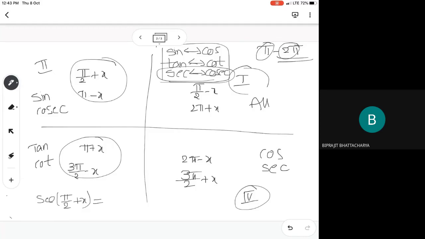Pi by 2 plus x is in the second, sir. Negative, second quadrant, sir. Second, yes second. Negative? Sir, tan x. Secant x. Sorry sir, cosec.